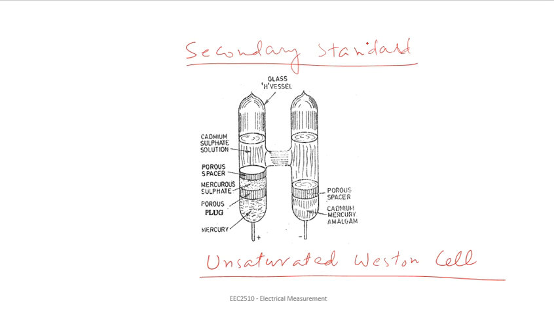So those crystals are not present here. So it will have the same electrode, and the solution will be maintained at the temperature of 4 degrees Celsius. Okay, and one more addition here is that porous plugs are used in this case. Porous plugs are nothing but the retaining member which is used over each electrode.